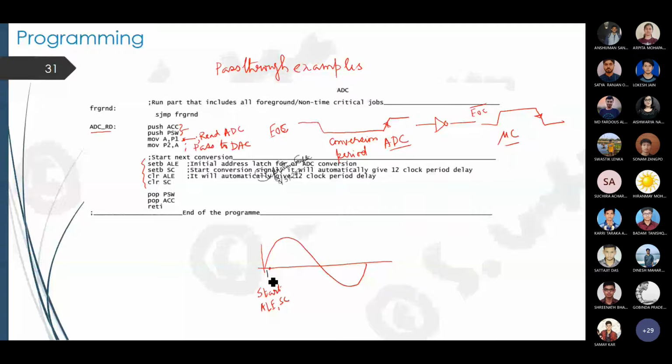Then after some time, say this one, this is where this EOC is at this rising edge, or the inverse is the falling edge. So the microcontroller can read the ADC output.